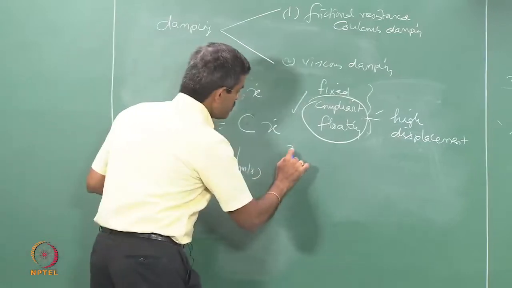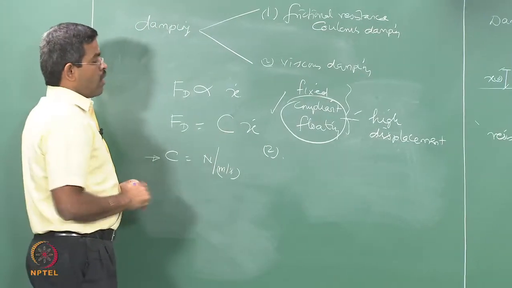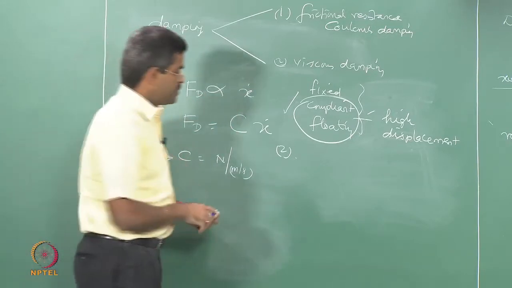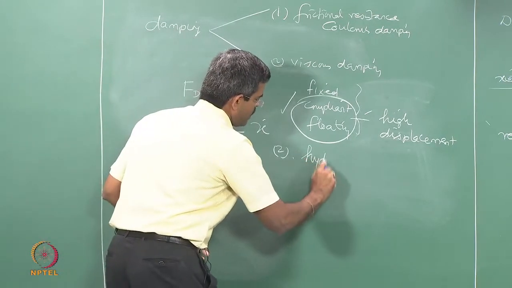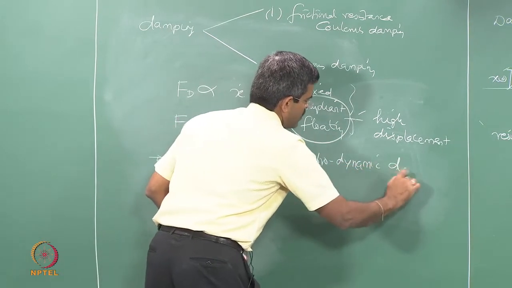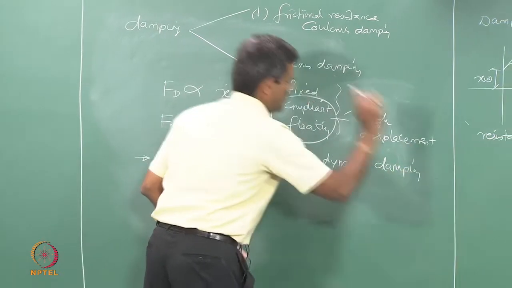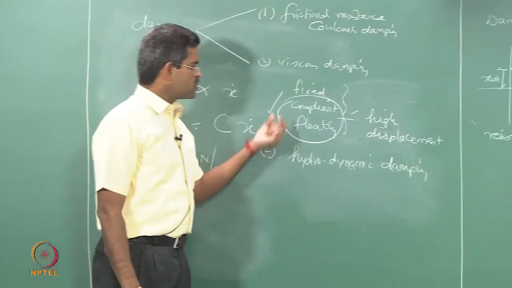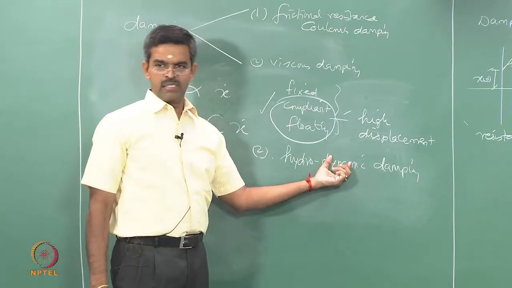The second reason, offshore structures are generally placed in a medium which also offers damping, which we call hydrodynamic damping. And we all know that offshore structures without water do not exist.